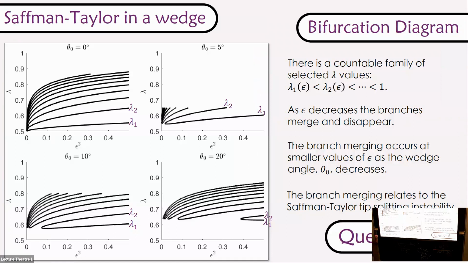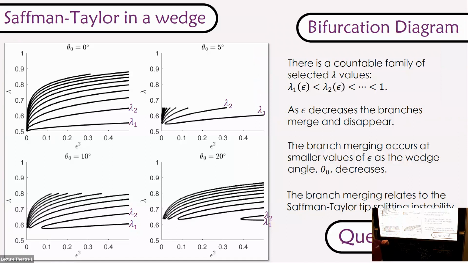So let me conclude with the kind of grand finale of the different bifurcation diagrams. Some of the numerics here still need to be completed, so hopefully you can use your imaginations. But on the top left, I've got the bifurcation diagram I showed at the start for the channel geometry. And here I've got 3 bifurcation diagrams for different wedge angles.